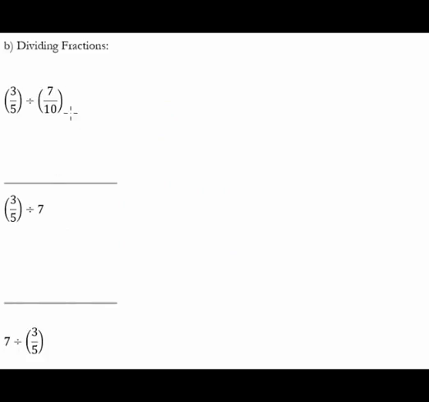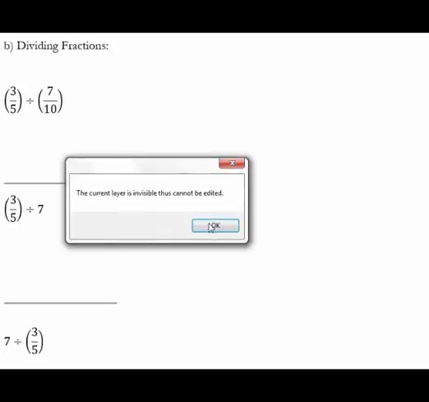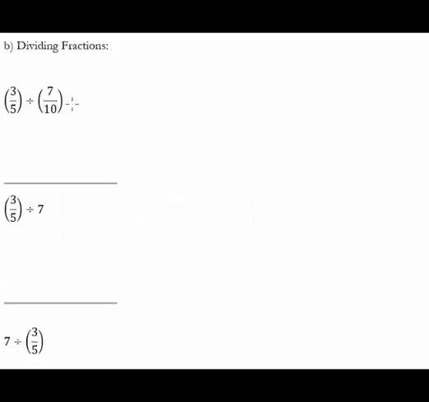Dividing fractions. So how do we divide fractions? Procedurally, if I'm dividing two fractions, I keep the first fraction the same. So I'm just going to rewrite 3/5. I'm going to change division to multiplication, and I'm going to multiply that by the reciprocal of 7/10, which is 10 over 7, right?